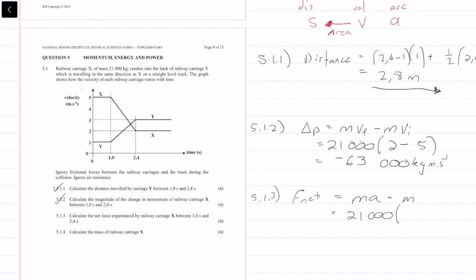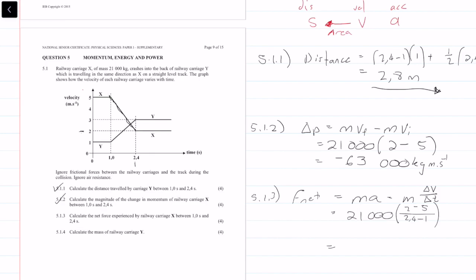Acceleration is defined as the rate of change of velocity, dv over dt, change in velocity over change in time, which is our gradient. So it's 2 minus 5 over 2.4 minus 1 seconds.